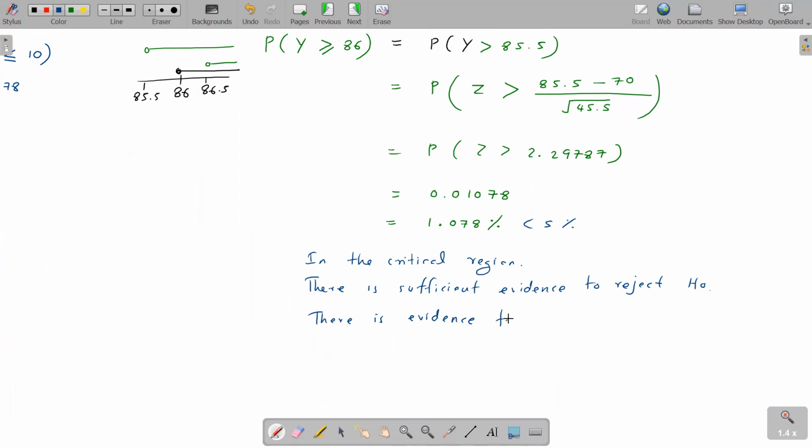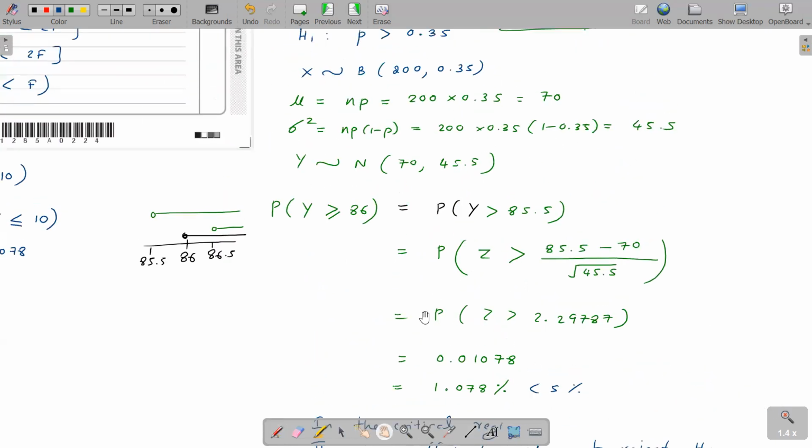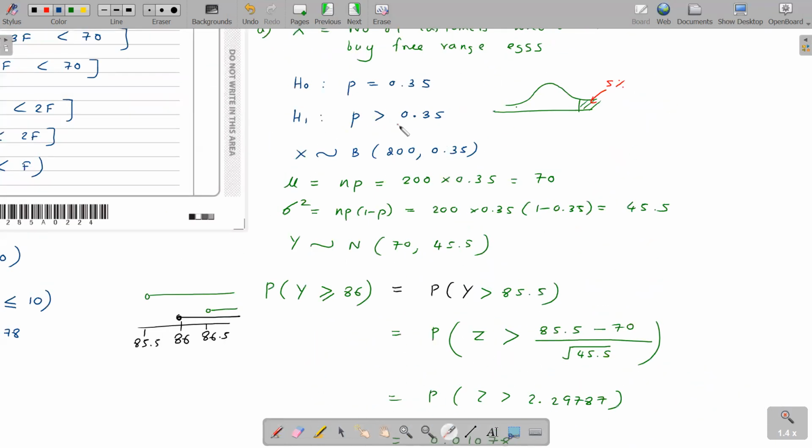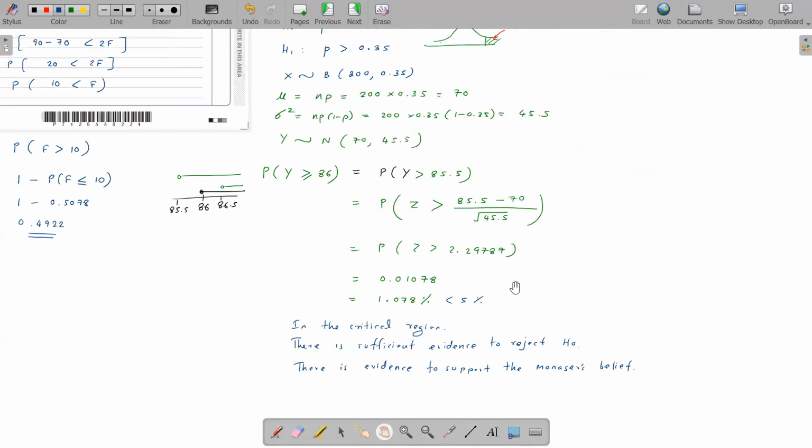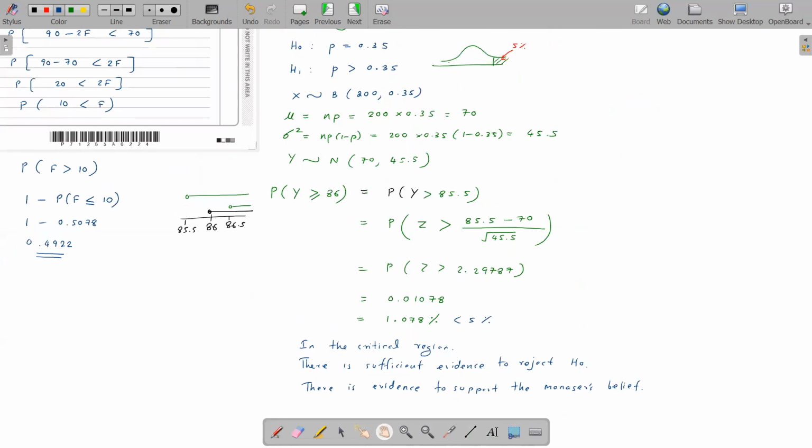There is evidence to support the manager's belief. Or the proportion of customers who do not buy free range eggs is more than 35%. Because we reject H0, we go with H1. Is this clear? So this is the end of the first question.